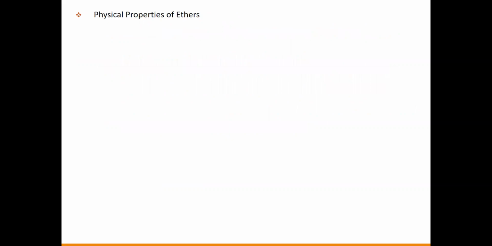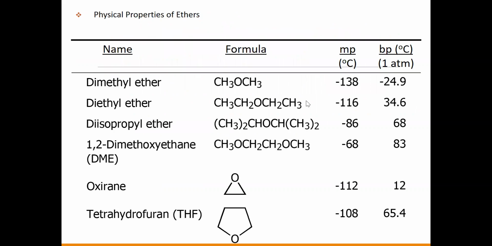If you look at the structure of ethers, let's see. Like say here, you have your ether, having an oxygen. You expect your oxygen to be partially negative, to bear a partial negative charge. Because of that, the ether molecules would exhibit dipole interactions between molecules.